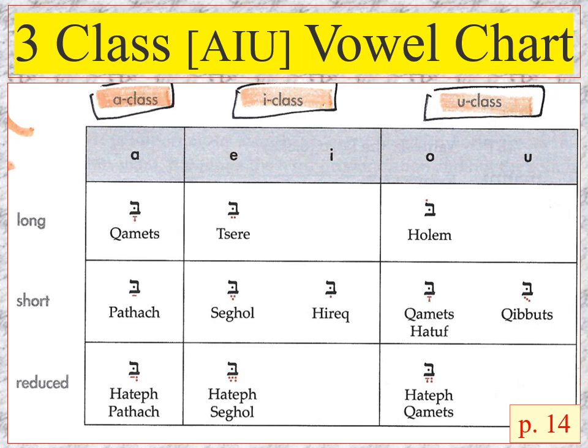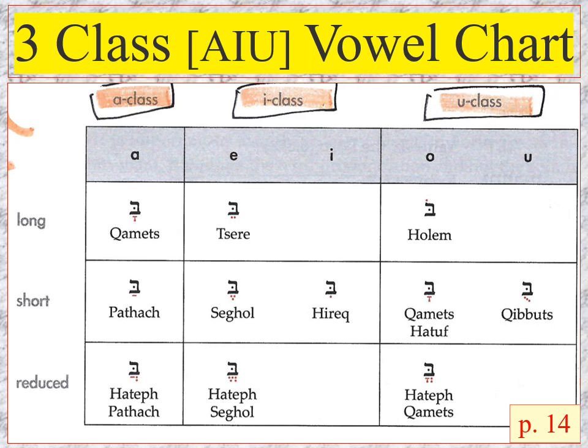Again, we see the qamets, the long A, tsere, the long E. In the three-class structure, it's I class, and then the long O, holem, in the three-class structure, it's the U class. For the short, you can see it all the way across the row. Patach for the short A class, segol and hireq in the short E and I, or in the structure here, I class.